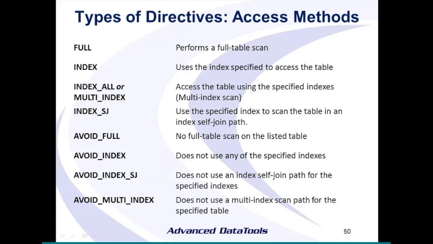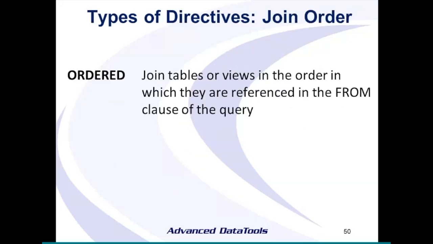So avoid full says, I don't care how you get to this table, but do not scan it. Use an index, even if it's a bad index. And avoid index says, use any index except this one, because I think it's slowing things down. Let's try it with another one. The order directive says, hit the tables in the order that they're listed in the from clause.